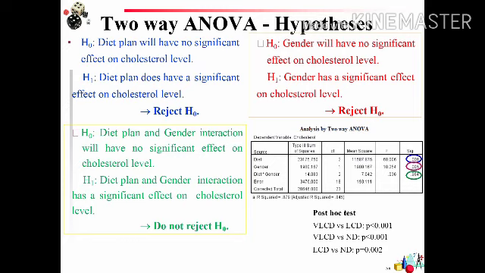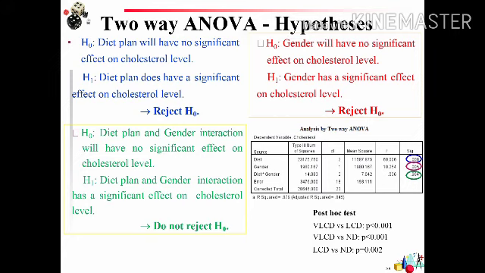So here we get p less than 0.05 for diet. So we reject the null hypothesis. That means the diet plan is effective for reducing the cholesterol level.